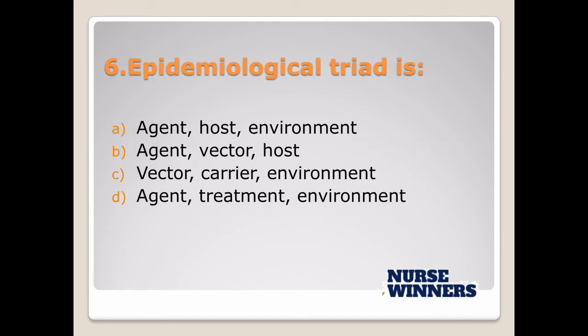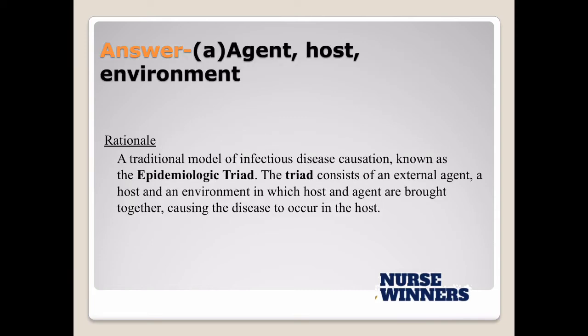Sixth question. Epidemiological triad is options: A. Agent, host, environment, B. Agent, vector, host, C. Vector, carrier, environment, D. Agent, treatment, environment. The right answer is option A, agent, host, environment.